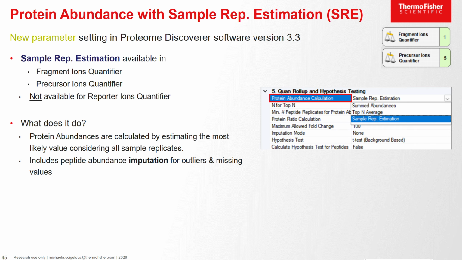It performs imputation automatically, and that way it is handling the outliers and the missing values. It is deployed in the fragment and precursor ions quantifier, but it is not available in the reporter ions quantifier node.